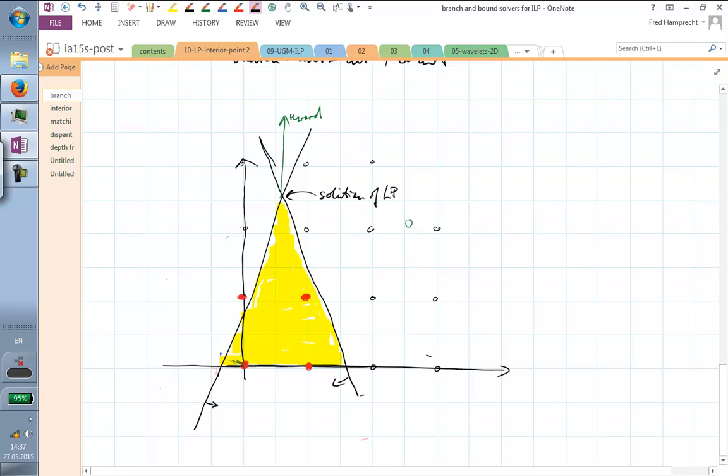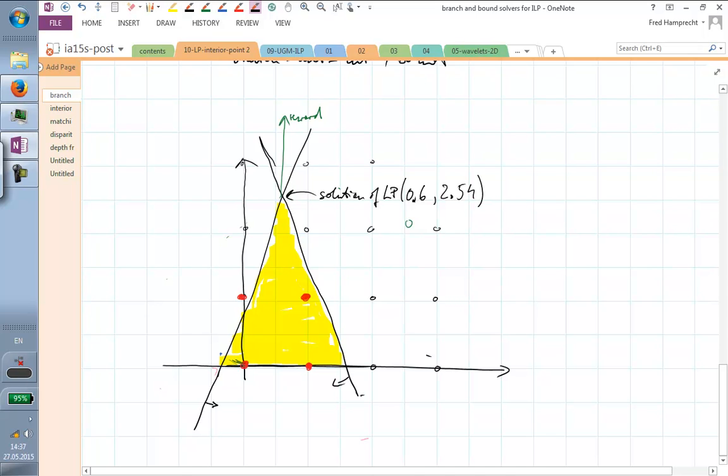And this happens to be fractional. I'm now guessing these numbers. This is perhaps 0.6, and the y coordinate is perhaps 2.54 or something.